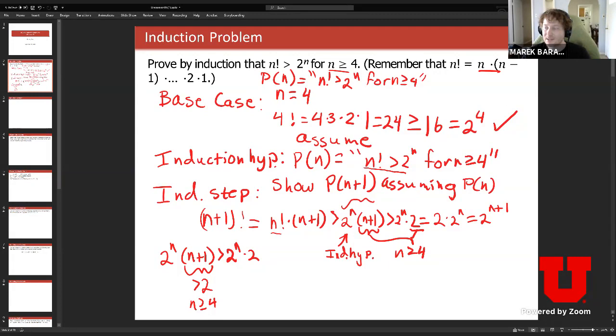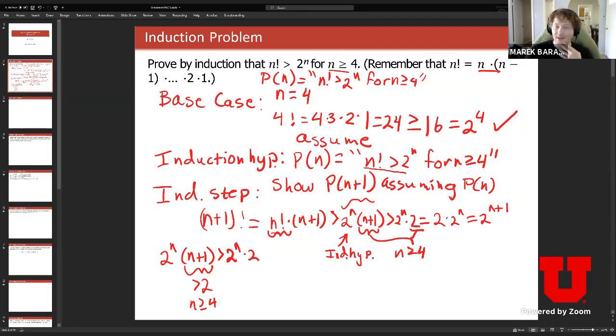Does that make sense? I'm still confused about where you got the 2 to the n times n plus 1, where you got to that point. Yeah, okay. So we have n plus 1 factorial. It's equal to n factorial times n plus 1.